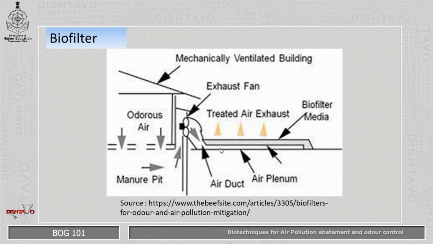After the hazardous component is absorbed, the treated exhaust is given out. Here we have the exhaust fan to facilitate this method.